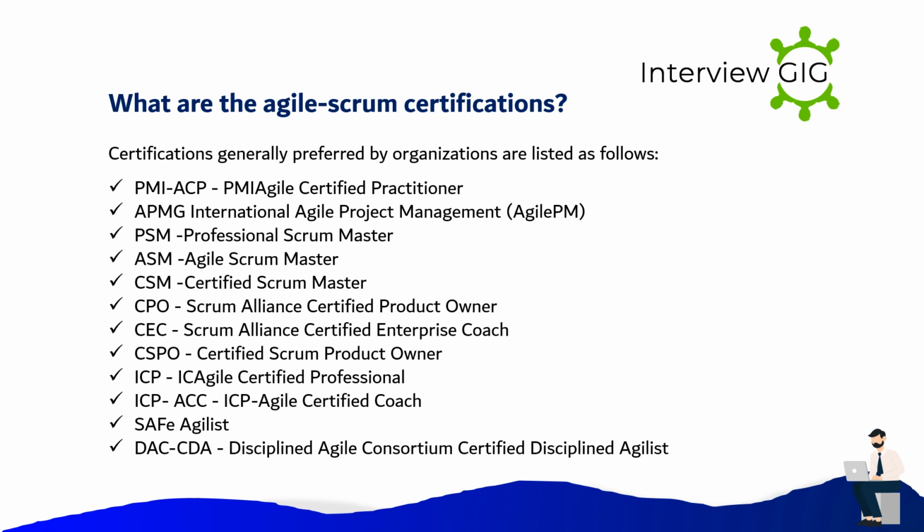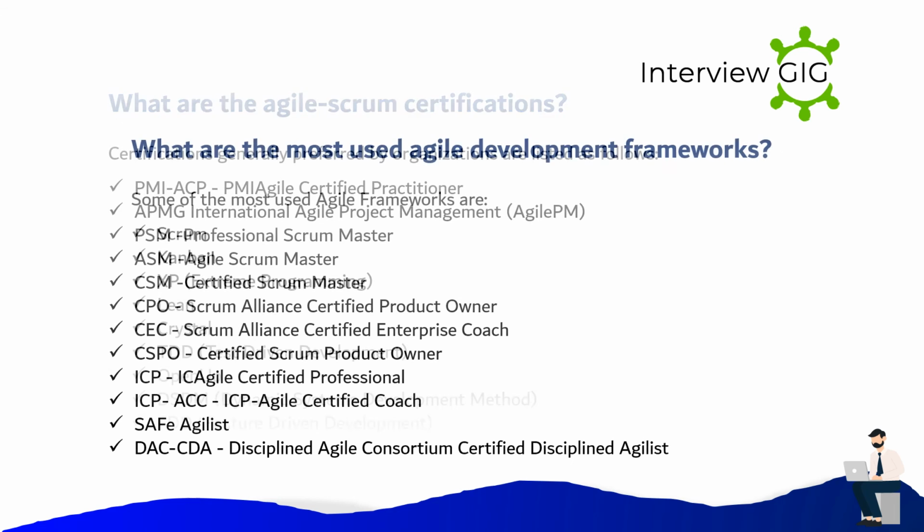CPO, Scrum Alliance Certified Product Owner. CEC, Scrum Alliance Certified Enterprise Coach. CSPO, Certified Scrum Product Owner. ICP, ICAgile Certified Professional. ICP-ACC, ICAgile Certified Coach. SAFe Agilist. DAC-CDA, Disciplined Agile Consortium Certified Disciplined Agilist.